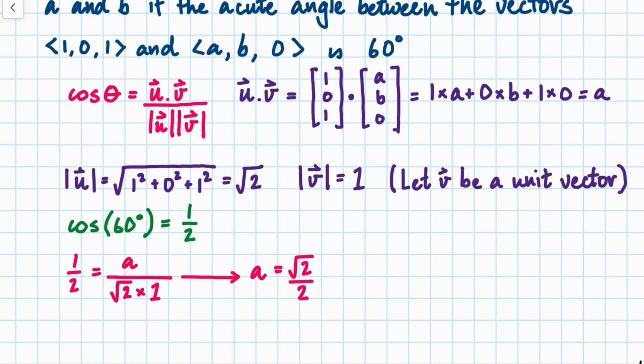Fantastic. So from our assumption that v is a unit vector, we can set up the magnitude equation of v to create an equation that features both a and b in it.